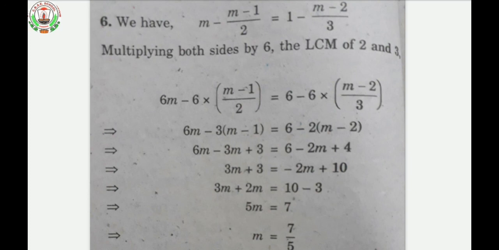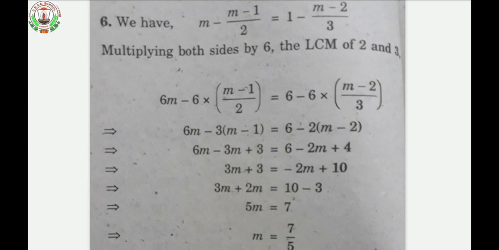So, what does it become? 6m minus 3 into m will become 3m, then minus and minus will become plus, minus 3 into minus 1 becomes plus 3, equals 6 into minus 2 multiplied with m will become minus 2m, then minus and minus plus 2 into 2 is 4.